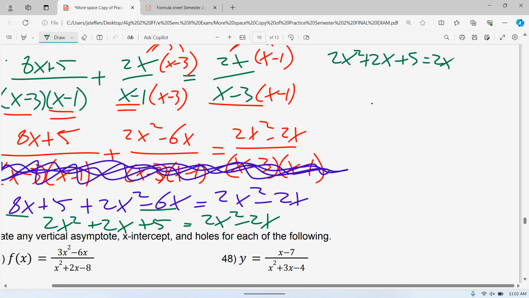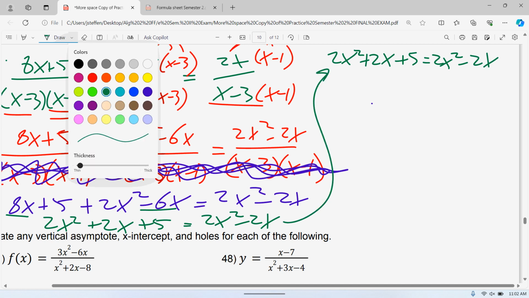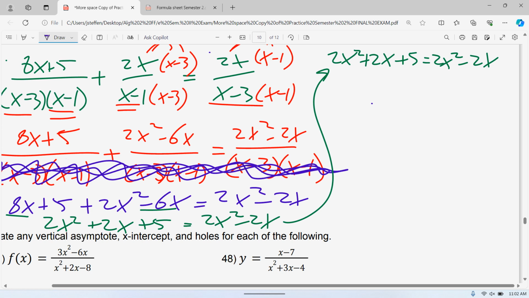Now from here, I know it looks confusing because they're quadratics, and technically you could solve a quadratic either by factoring or the quadratic formula, but you don't actually have to, because the first thing I do is subtract 2x squared from both sides.